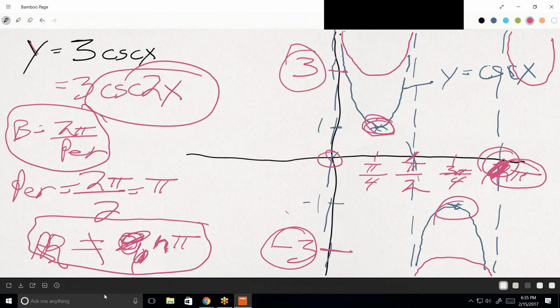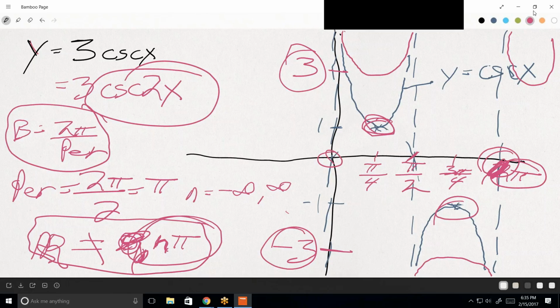It can't be n pi, where n goes from negative infinity to positive infinity, integers only. So you wouldn't be able to be 0, pi, 2 pi, minus pi, or minus 2 pi. Each of those defines the vertical asymptote. And remember, just like polynomials, you can never cross a vertical asymptote. That's why it cannot be any of those.